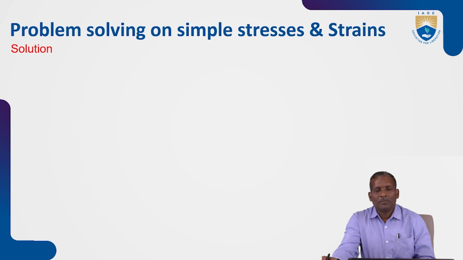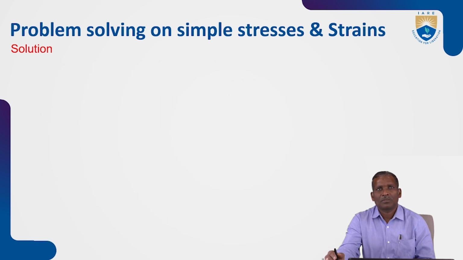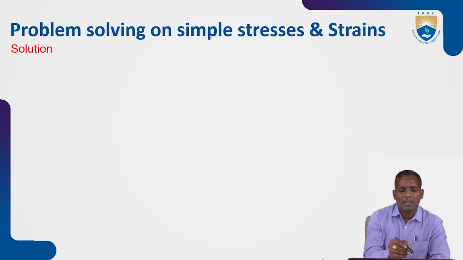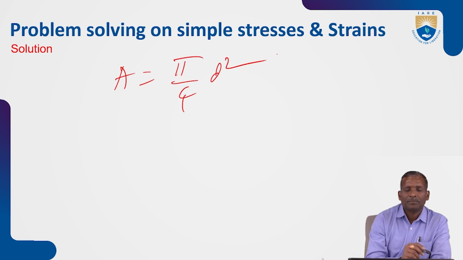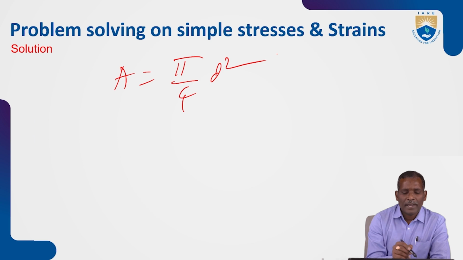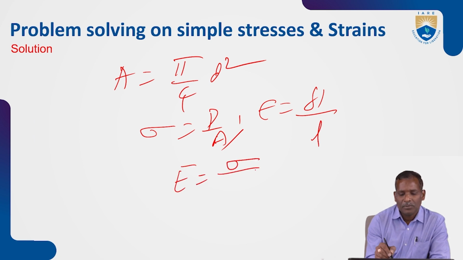First of all, we need to write the given data and then calculate the area and stress at different loads. Already you know the area is pi/4 into d square, and then stress is load per area, strain is delta L by L, and E is sigma by epsilon.